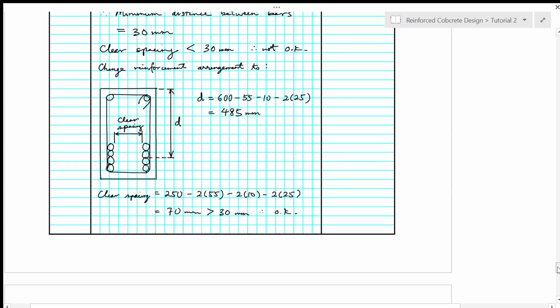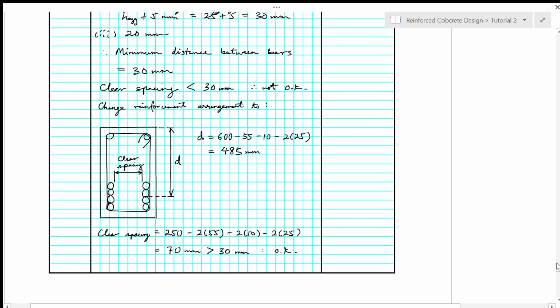Therefore, we need to arrange the reinforcement again by just assuming bundle bars of 4 in the design. So in the bundle of 4 bars in one bundle, our effective depth has been reduced to 485 mm.